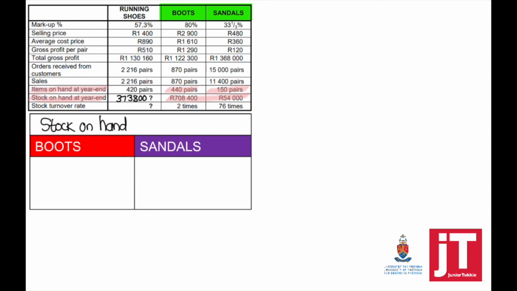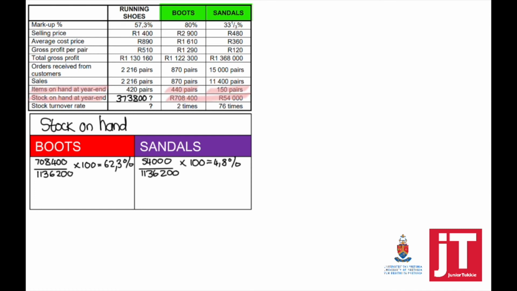If we look at running shoes, in total, we've calculated in the previous question the value of the closing stock. Now, there's a reason why we are including this total now. If we look at percentage-wise, boots is 62.3% of the total value of the closing stock. Whereas sandals, if we look at percentage, it's only 4.8%.